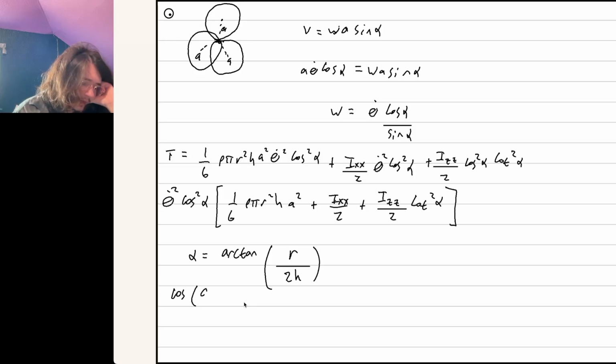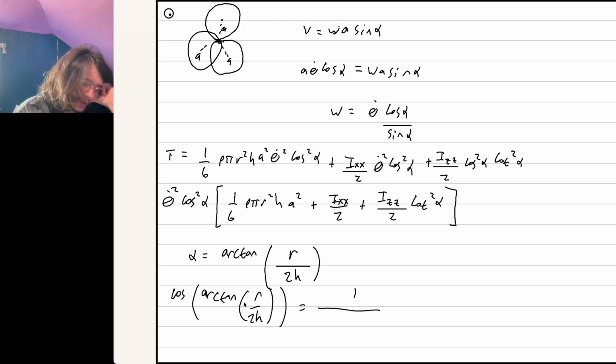So we're doing cosine alpha, which is cosine arctangent r over 2h. The form of a cosine of an arctangent is something that is known from trigonometry.